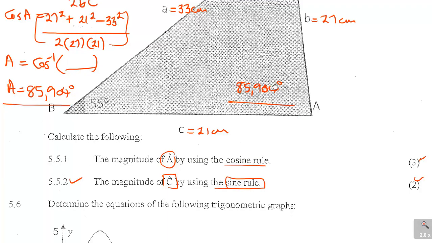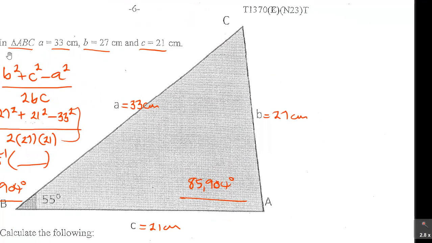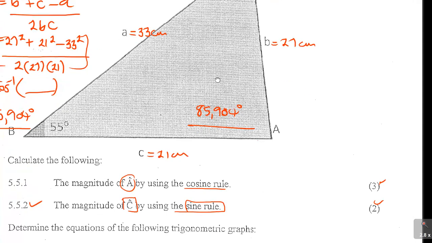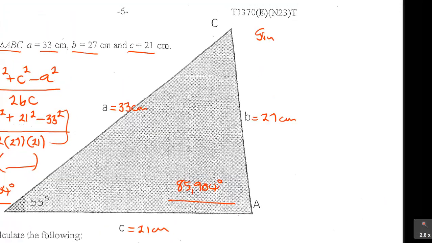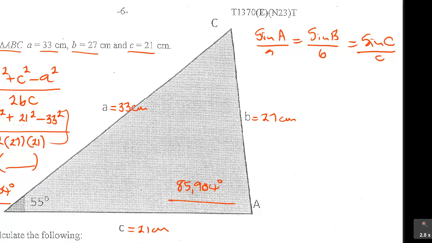I'll use it on the other side. It's sin A over A is equal to sin B over side B, which is equal to sin C over side C. So you see what I'm having here.